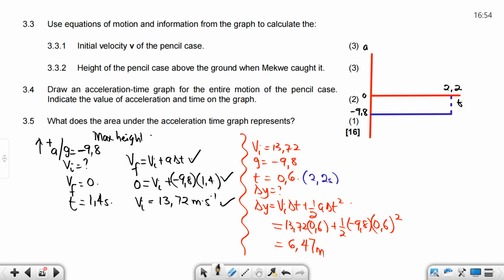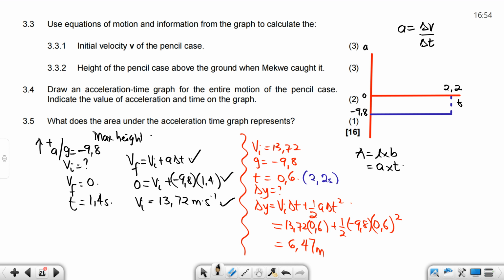Now, what shape is this? Rectangle. Good. So when they say area, we are simply looking for length times what? Breadth. What is this? Acceleration multiplied by what? Time. The question is, does that formula exist? No. Now, check this. What is acceleration? Acceleration is delta V over delta t.